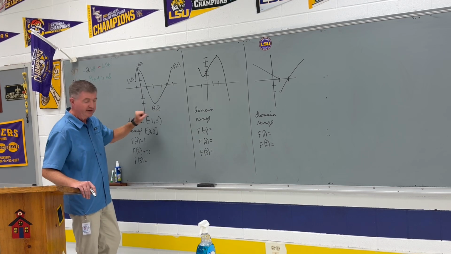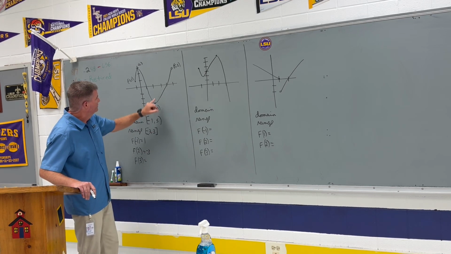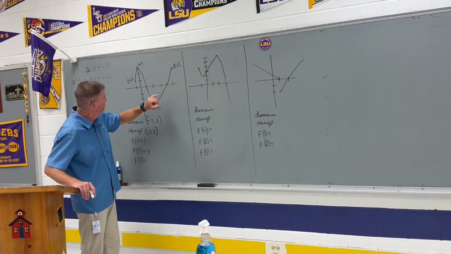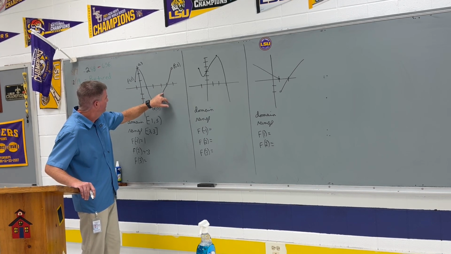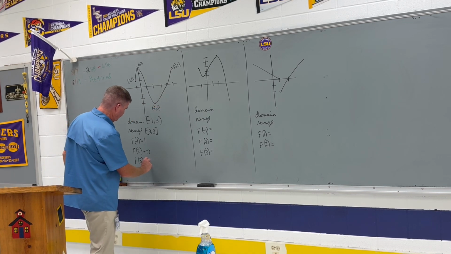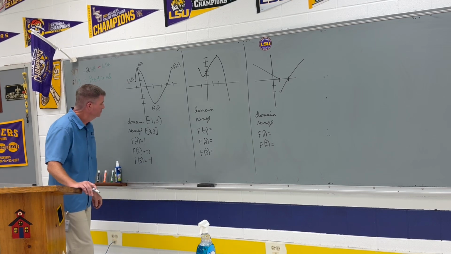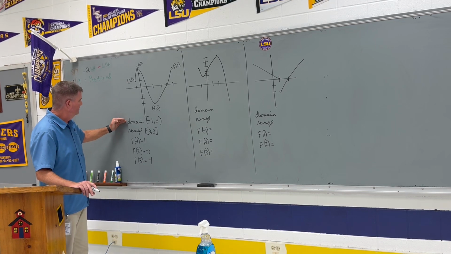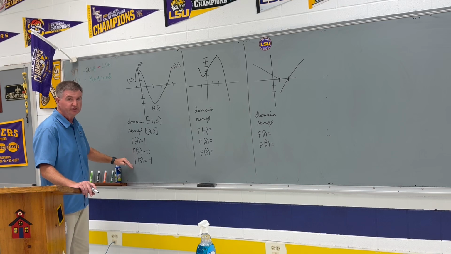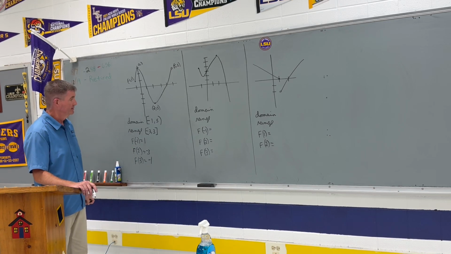That is the functional value. And at 3, 1, 2, 3, we look at the function being right here, which should be at -1. And this is finding its domain, its range, and functional values at specific points.